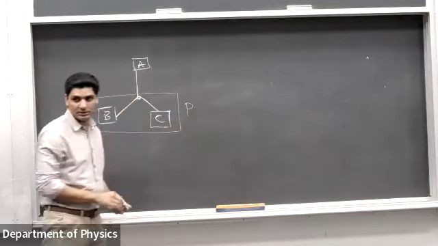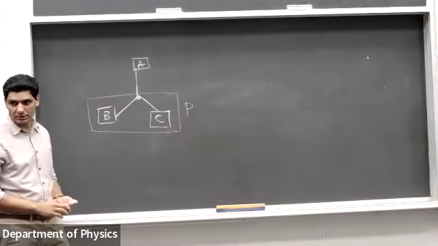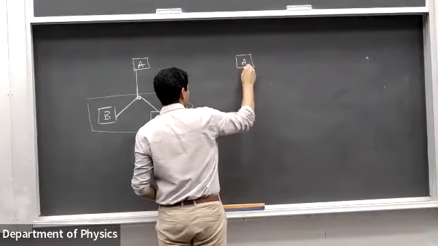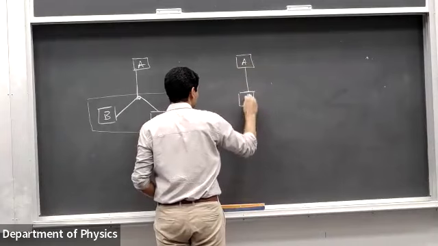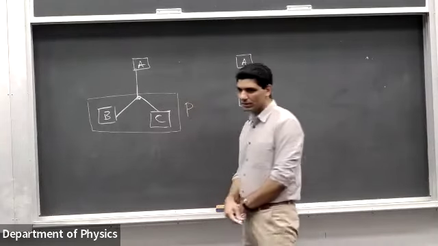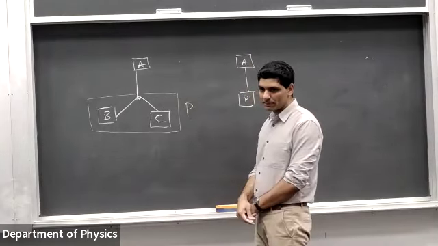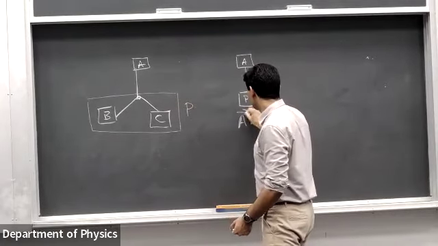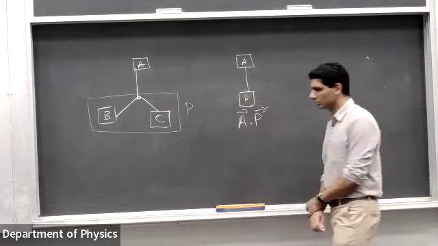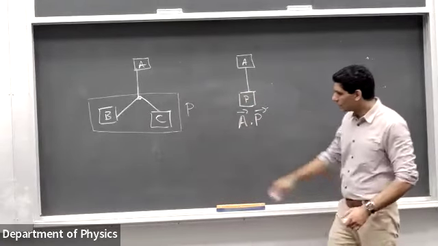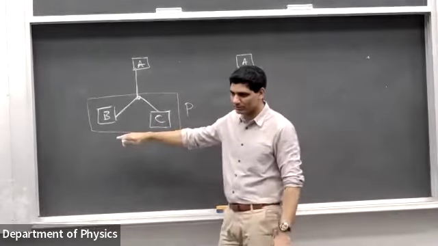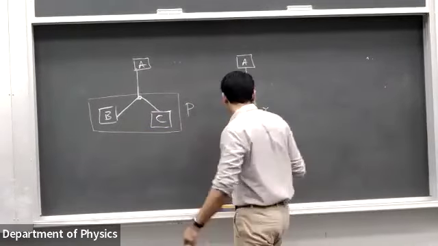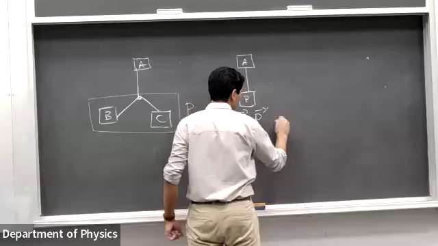I'm just making this box P. So from the outside, what this looks like is A dotted with P, just A dot P. But if you look really closely at P, what is P? P is just B cross C.